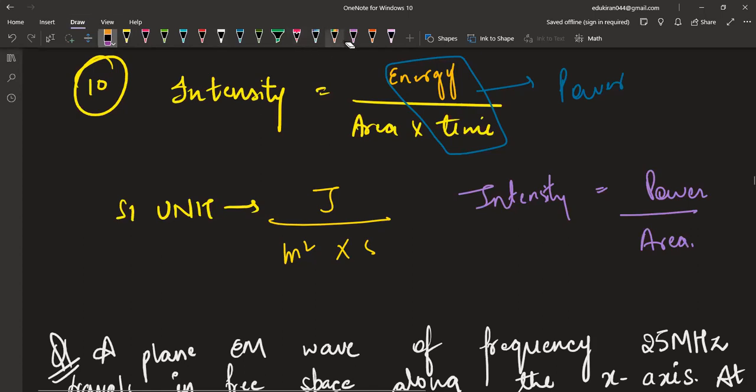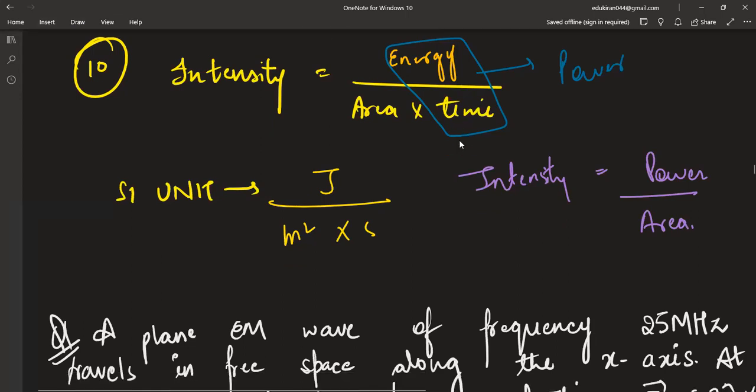Intensity is equal to power per unit area. Now, when we are talking about its SI unit, if you write it from here, this is joules, this is meter square, this is time. But when we're writing from here, directly you can write watt per meter square.